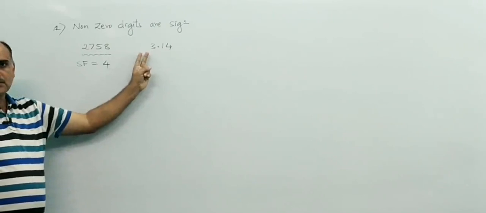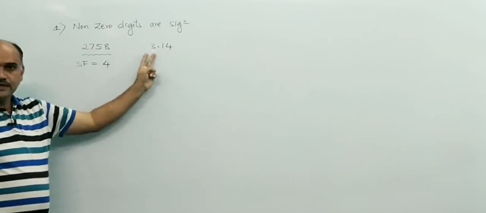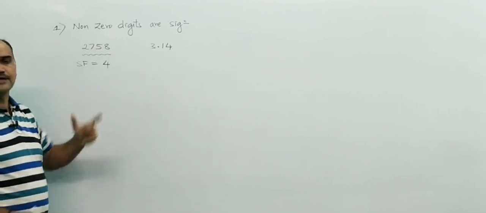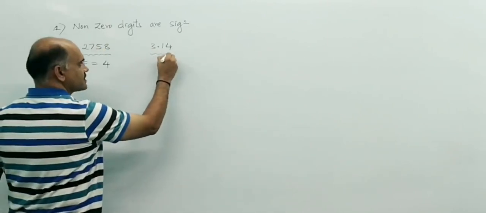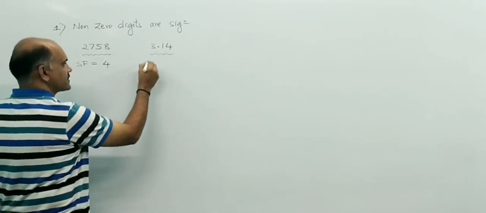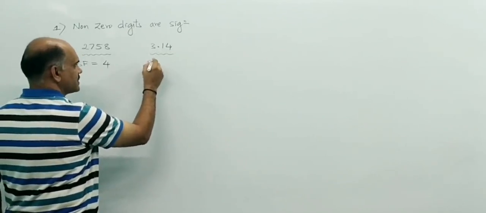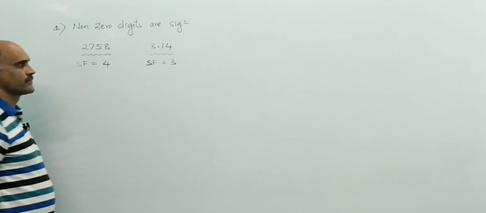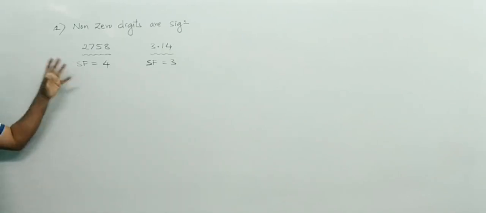There is no zero here, all are non-zero, so you are required to count all of these. So the number of significant figures will be 3. Clear, students? This is the first rule.